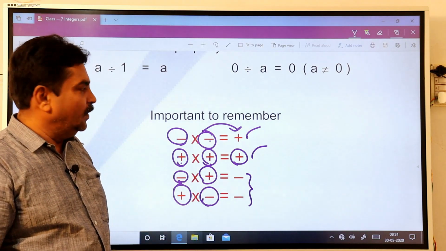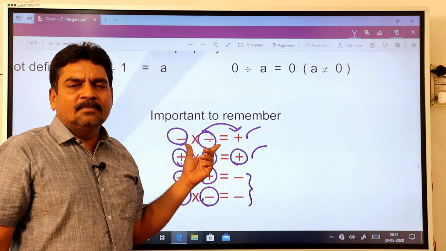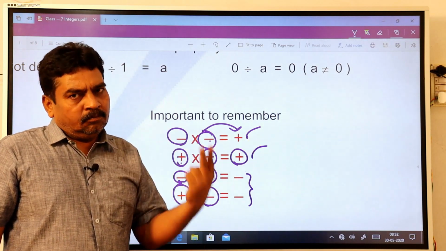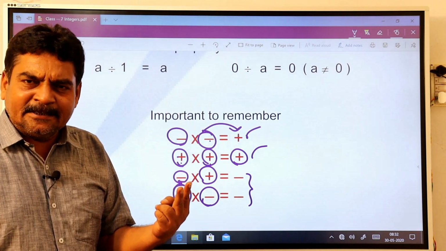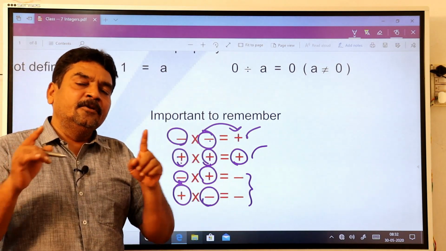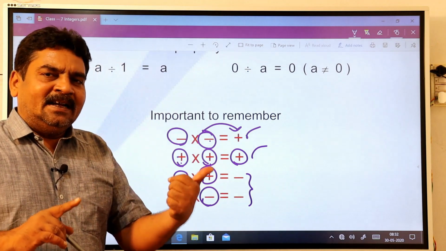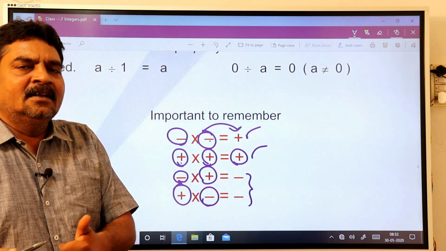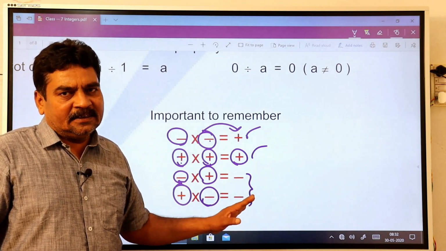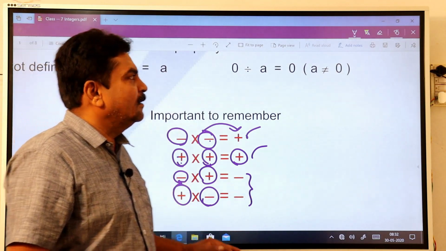Remember this. So whenever you multiply two same symbols, you get plus. Either 2 minus becomes plus, or when you multiply 2 plus it becomes plus. But when you multiply 1 minus with 1 plus, then the result is minus. Remember this always. This is the main concept here.